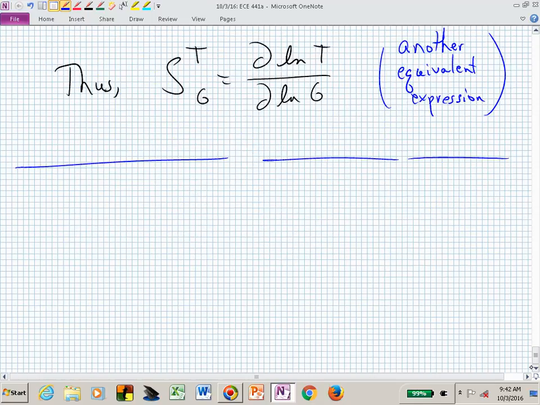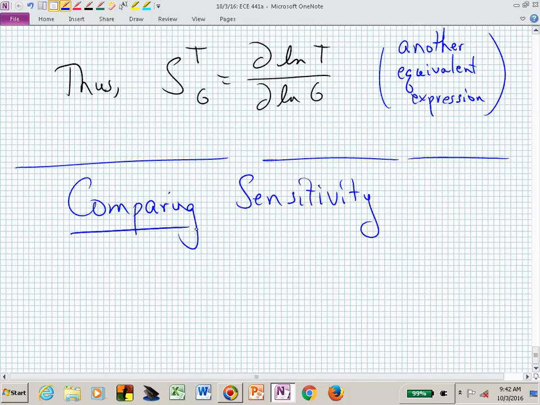Let's now look at a couple of examples of sensitivity to get a feel for how we might make these computations.